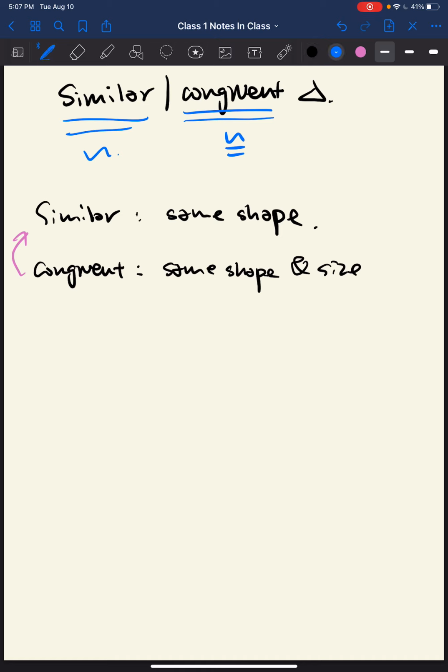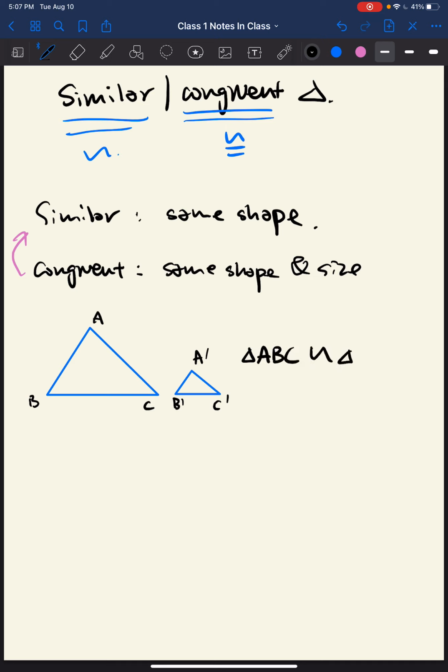So let me just give you an example. This is a similar triangle. Hopefully that looks similar enough. And the notation is, if this is ABC and this is A prime, B prime, C prime, triangle ABC is similar to triangle A prime, B prime, C prime.